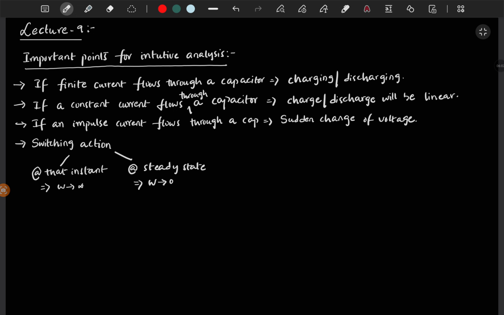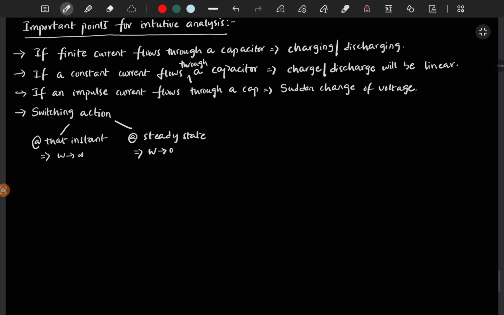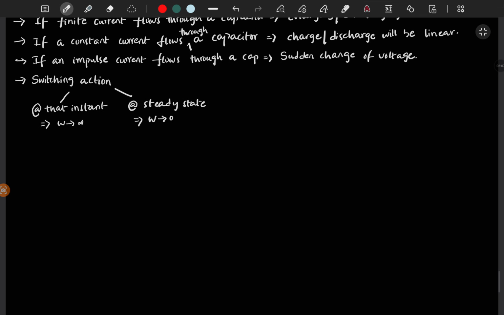And for solving a problem, you have to follow these steps to get the perfect answer. Steps for solving a problem.